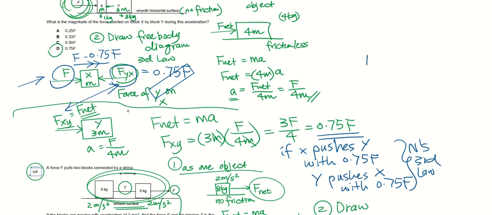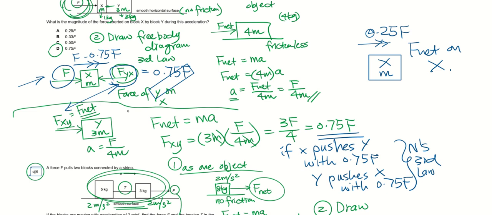Okay, let me transfer this over here. I have my x, the mass is m, and this is the resultant force, F minus 0.75F. In the end, I will get 0.25F.